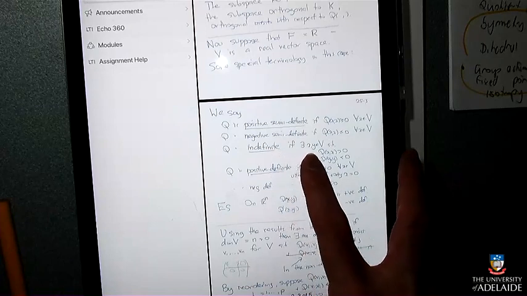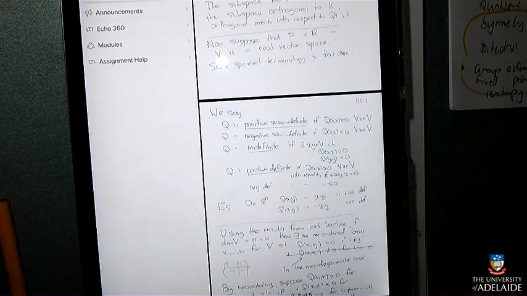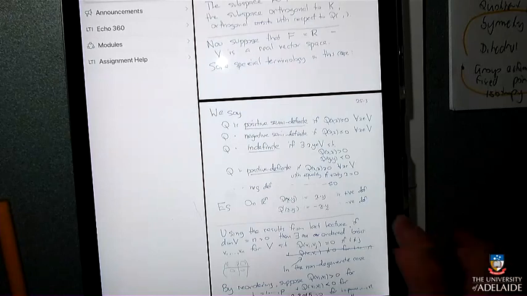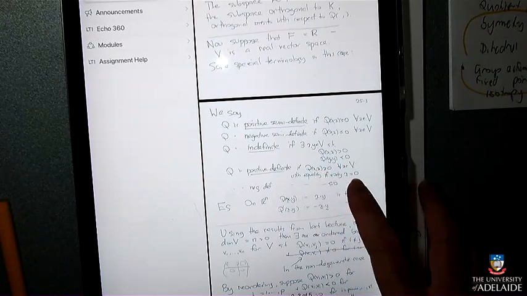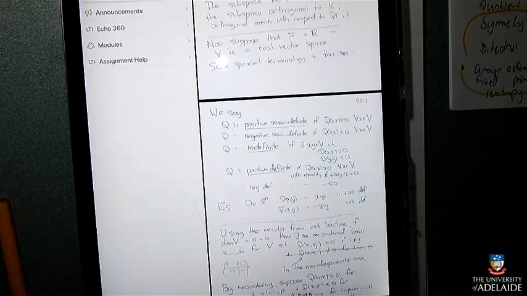Indefinite if there exist x, y such that one is positive and one is negative. And it's called positive definite if it's greater than or equal to 0 but only equal to 0 if x is 0. So the only thing with length 0 is the 0 vector itself.